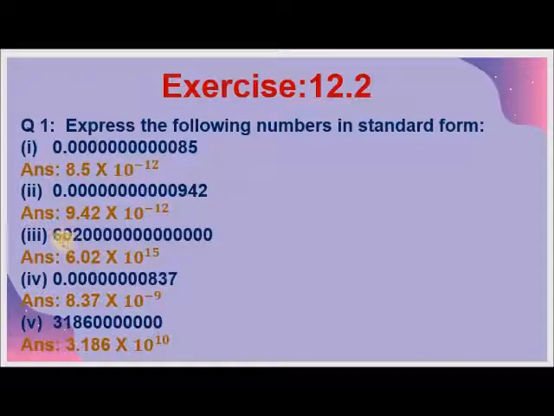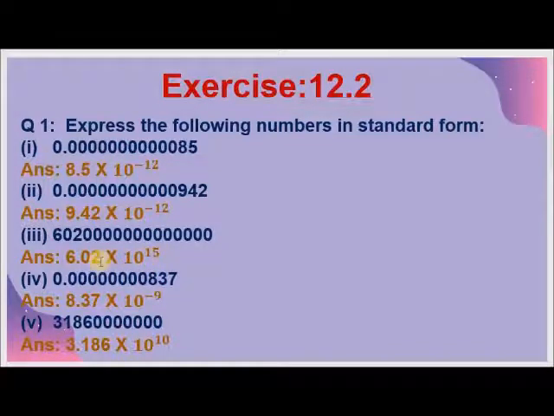So obviously our exponent would be positive, because whenever we shift our decimal point towards our left side, our exponent is positive. So this number we can write as 6.02 multiplied by 10 raised to the power 15.